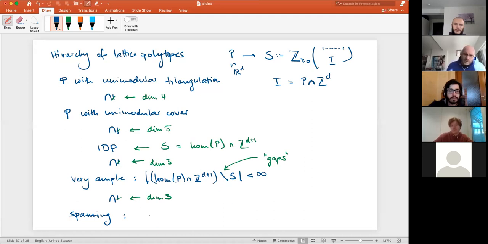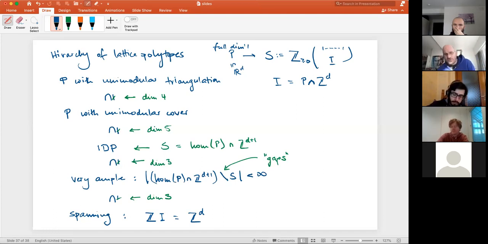So what I do now is I stay in dimension D, and I see what I can span just from the integer points in P. And spanning means, let me assume that this is full dimensional, that these integer points now Z-span everything.